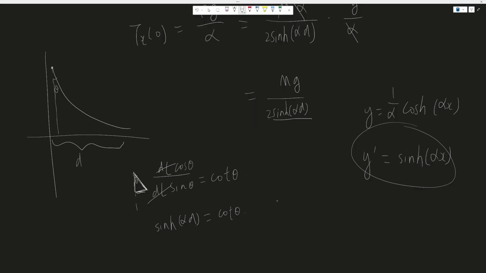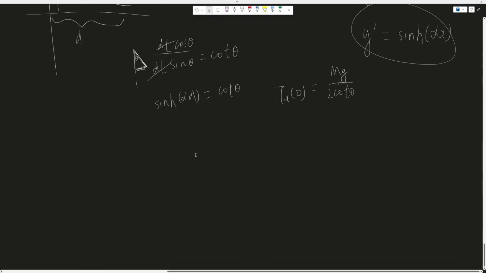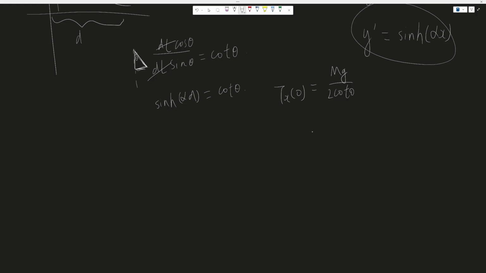So now we basically have T_x(0) is mg on the top over 2 cotangent theta. And so if we write it, well, 1 over cotangent theta is just tangent theta. So then T_x(0) is half mg tangent theta.